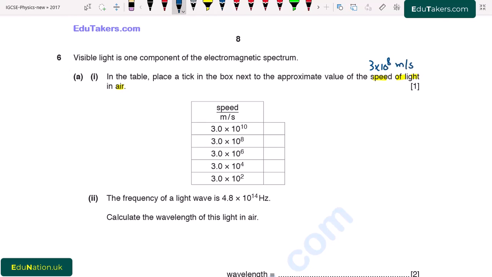Its value remains fixed. So I have to see here that the first box is 3.0 into 10 to the power 10. So it's 10 to the power 10. That's why it is incorrect. The second box is 3.0 into 10 to the power 8. So this box is actually the correct reading of the speed of light in air.